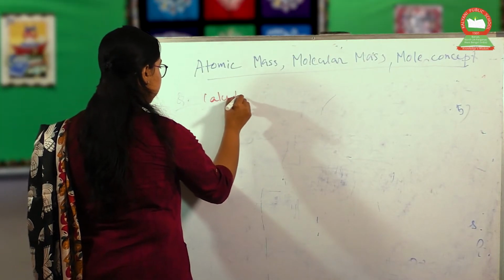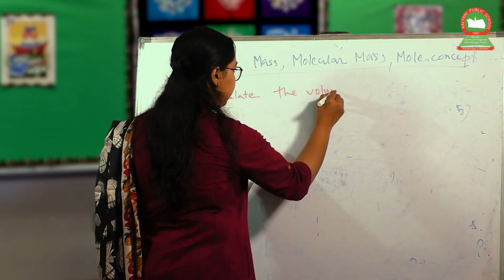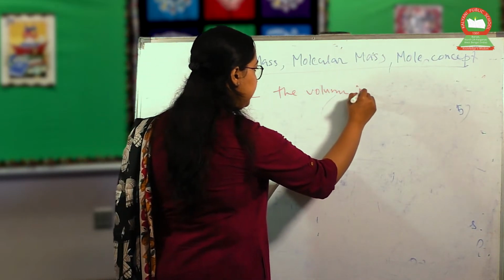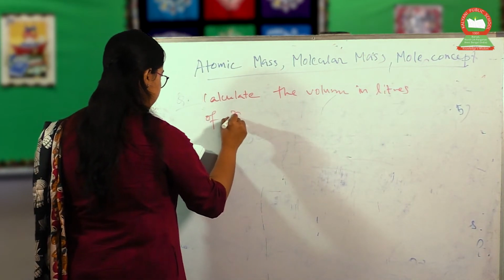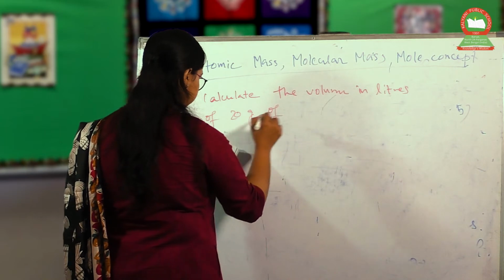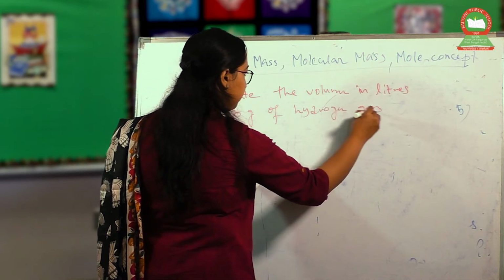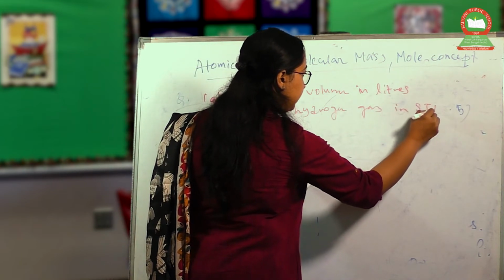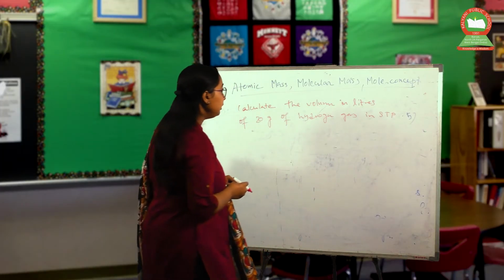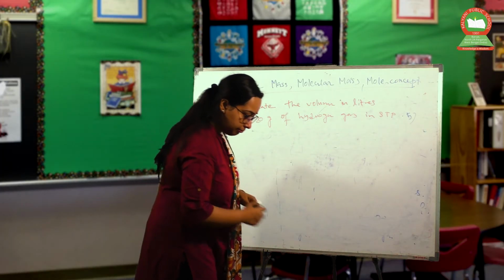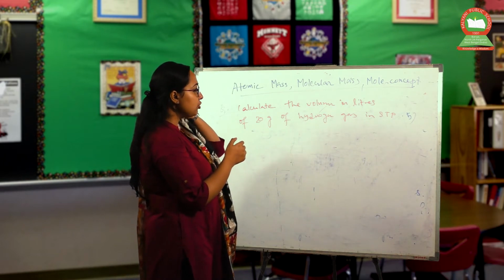Now the next part: calculate the volume in liters of 20 gram of hydrogen gas at STP, that is standard temperature and pressure. So calculate the volume in liters of 20 gram of hydrogen gas at STP.